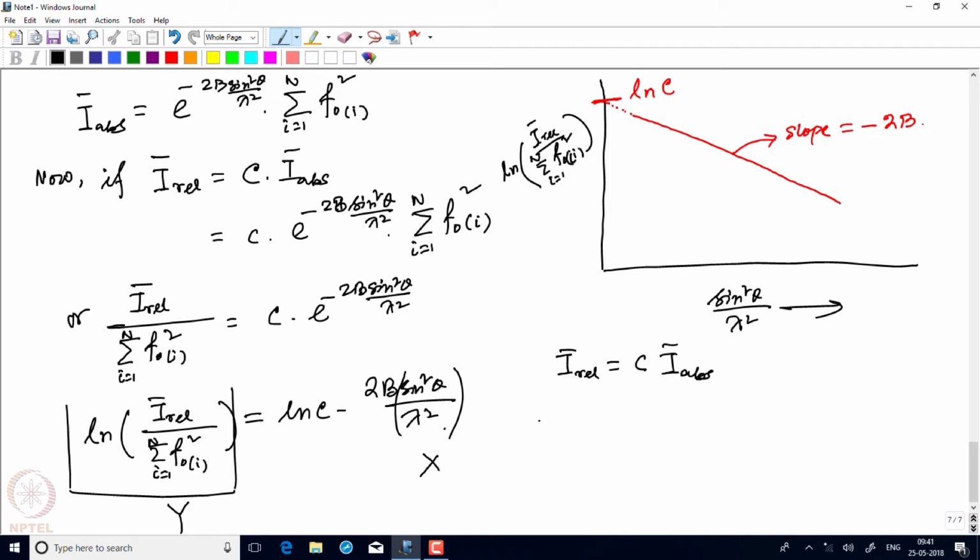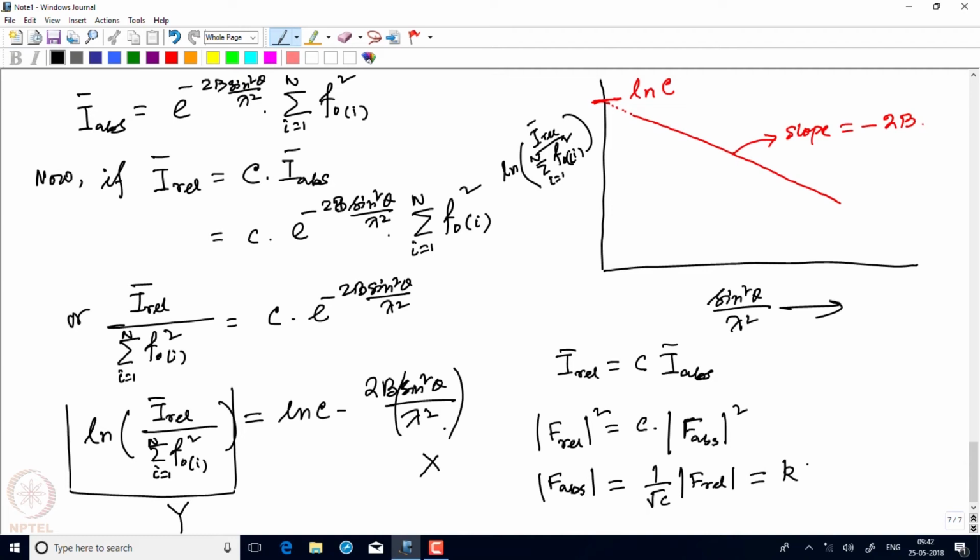So I relative is nothing but mod of F relative square is equal to constant C mod of F abs square, which means amplitude F abs equal to 1 by root over C F relative, which we can rewrite as K into F relative.